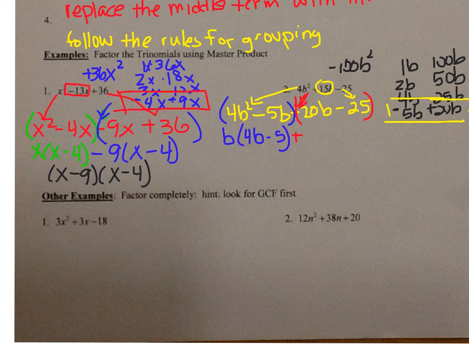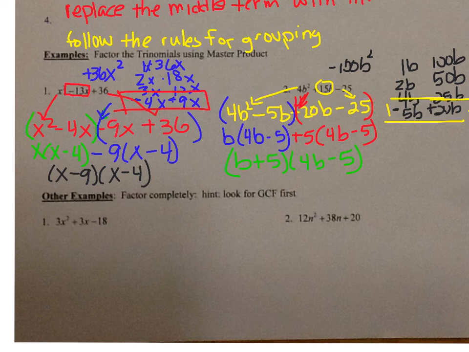The GCF of 20b minus 25 is 5, times 4b minus 5. So then my factors are going to be b plus 5 and 4b minus 5. And it doesn't matter which way you write. If you have this parentheses first and then this one second, that's fine also.